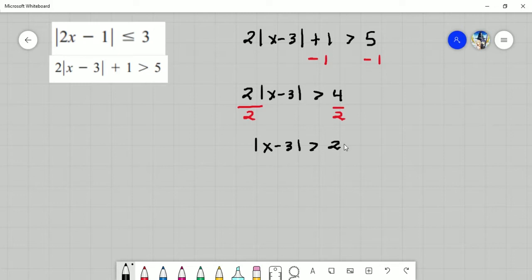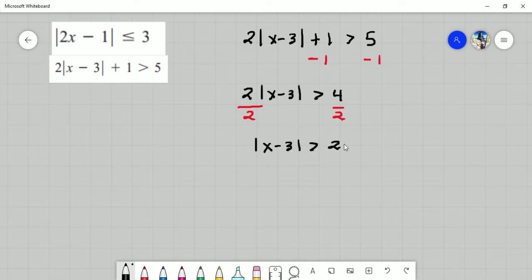So there's a difference, and that's the reason I put up that formula, so you can notice the differences between the two. If you want, you can pause the video and copy it down if you haven't done so already, so you can tell the difference between a less than absolute value inequality and a greater than absolute value inequality problem.